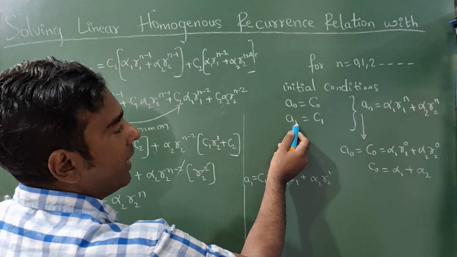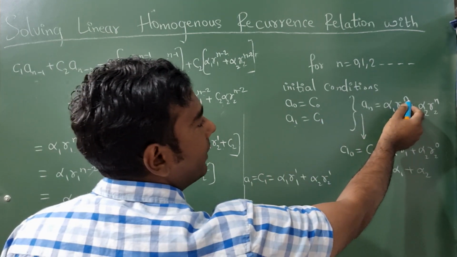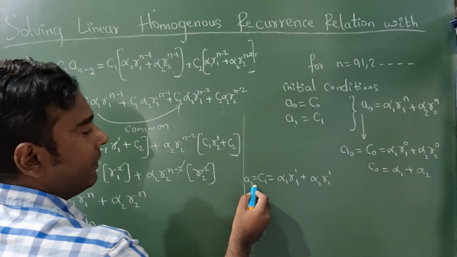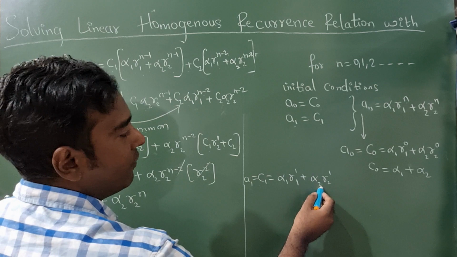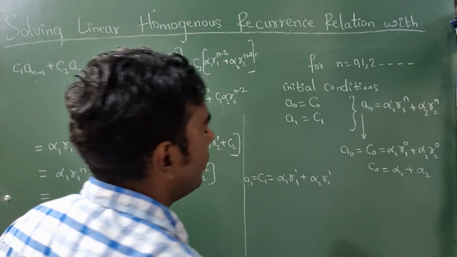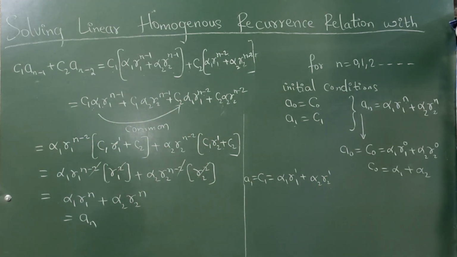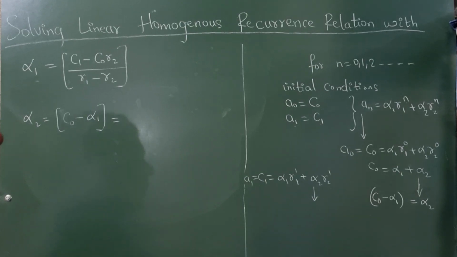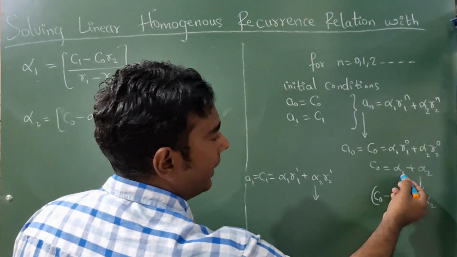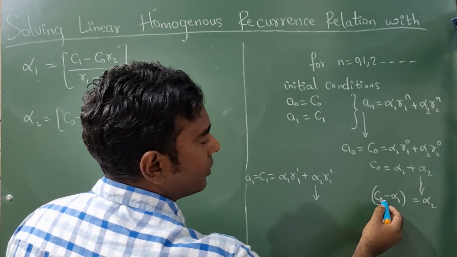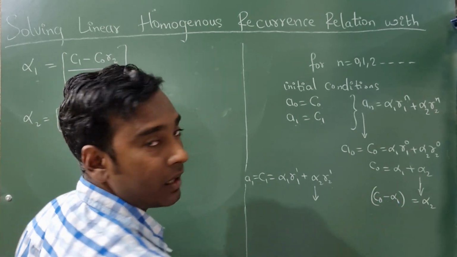Now if you substitute n as 1 here, you get a1 equals C1, which is alpha 1 r1 plus alpha 2 r2. Keep alpha 2 as it is, take alpha 1 on the left hand side, so alpha 2 becomes C0 minus alpha 1.